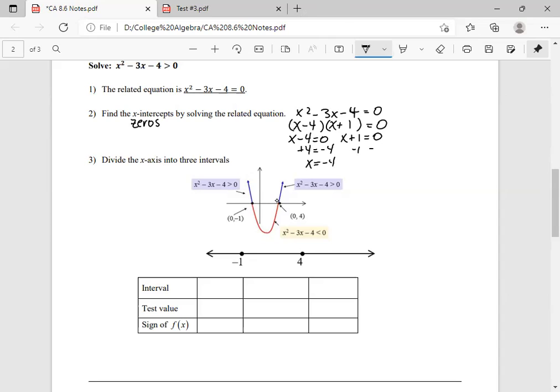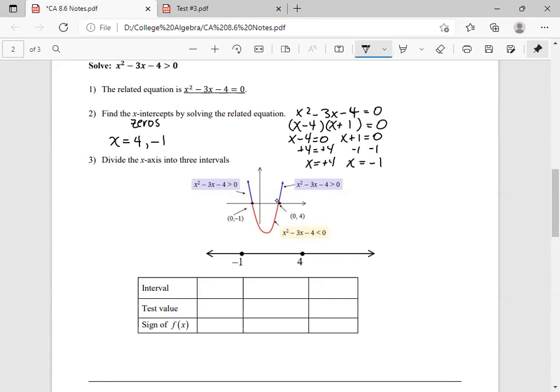And if we had plugged in our calculator in the quad program that A was 1, B is -3, and C is -4, we would have gotten these same answers. This should be a +4, sorry. So our zeros are x equal to 4 and x equal to -1. Those are zeros. Those are our x-intercepts.